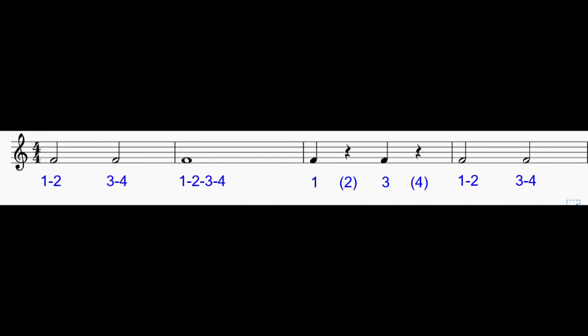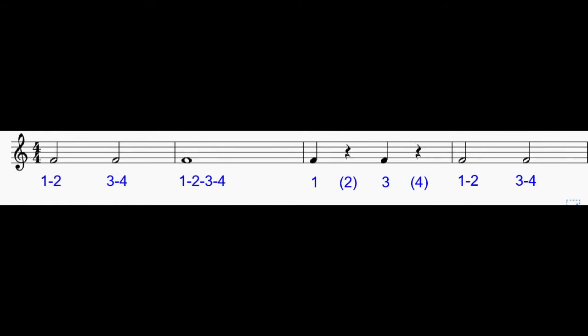And it helps to say those numbers out loud, which is what I'm going to be doing with you. So we have those 2 half notes, 1-2, 3-4. The whole note, 1-2, 3-4, holding it all the way through the measure. Then the third measure you see is 1, 2 in parentheses, 3, 4 in parentheses, and then the last measure 1-2 and 3-4.